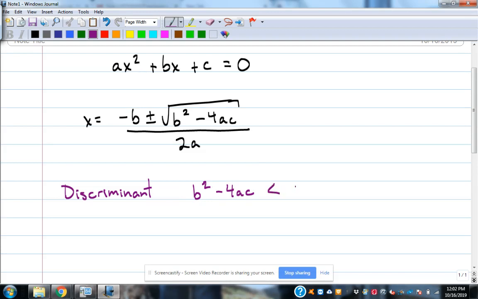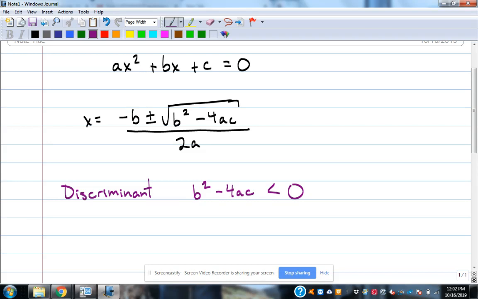If that number, when you work that part out, is less than 0, what kind of number is it? Negative. And when we have negative numbers under square roots, what does that turn into? Imaginary numbers. So that means that they're actually called what kind of numbers? Complex.